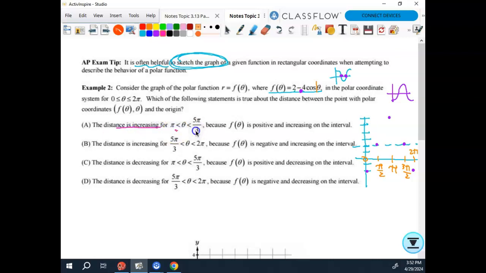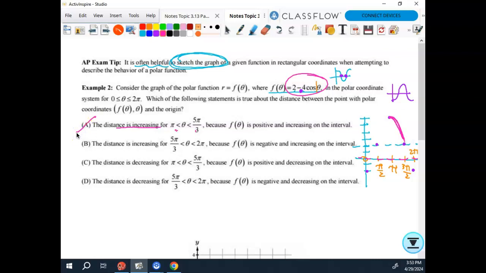If I start at pi, which is right here, and I'm heading to 5 pi thirds, my distance to the origin, it doesn't even matter what this looks like when it's graphed. And if you don't know, that's okay, because I'm headed towards this line here. So the distance is not increasing, the distance is decreasing, so I don't like A.